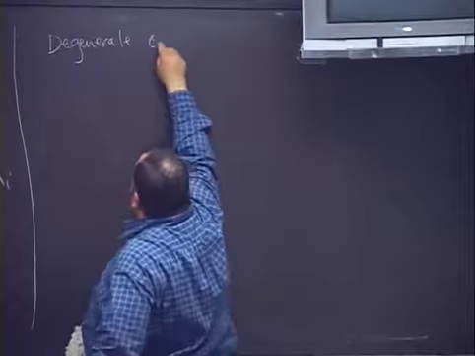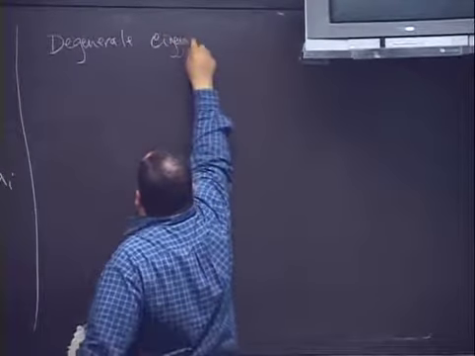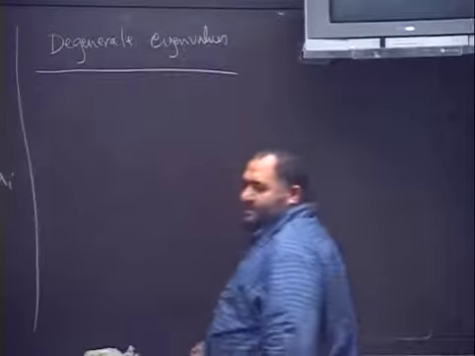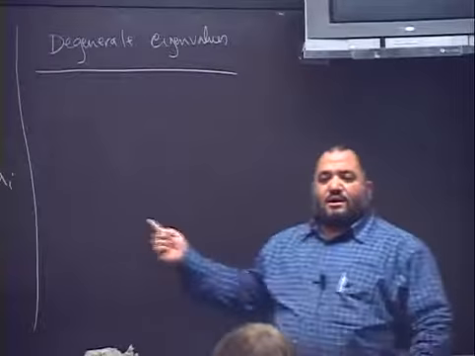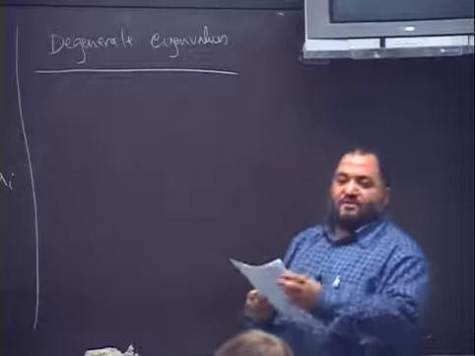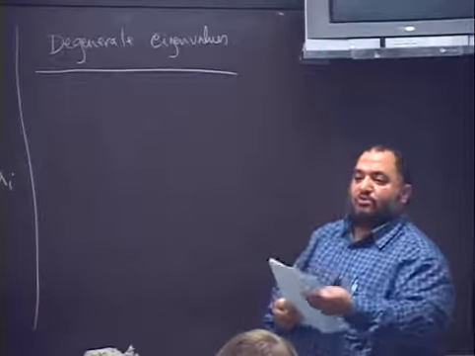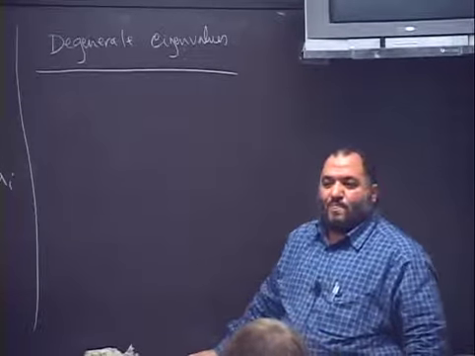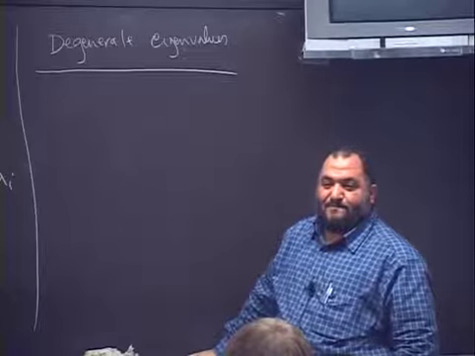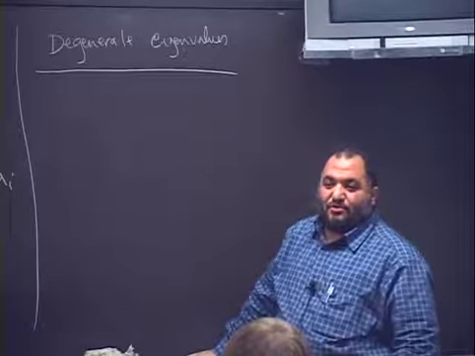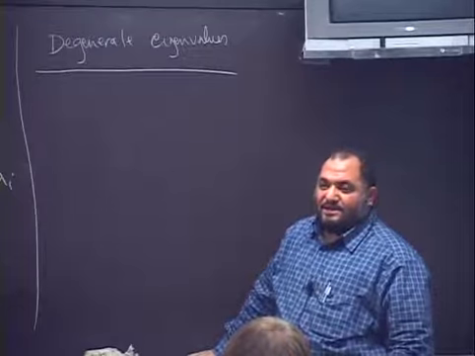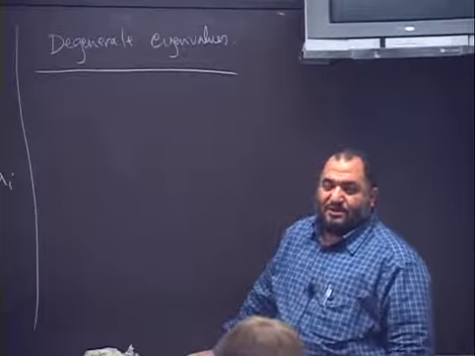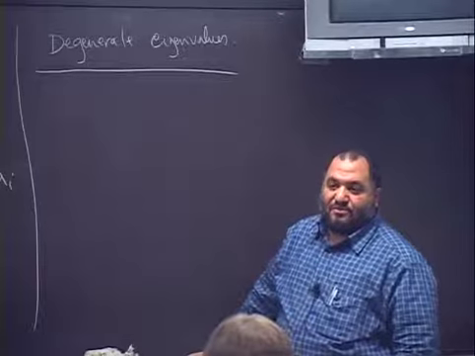Degenerate eigenvalues. So it is exactly the same. What did we do when we have multiple roots? We seek another solution because you will have multiple y. Let's say that from the characteristic equation you have lambda equal to 1, repeated 3 times.